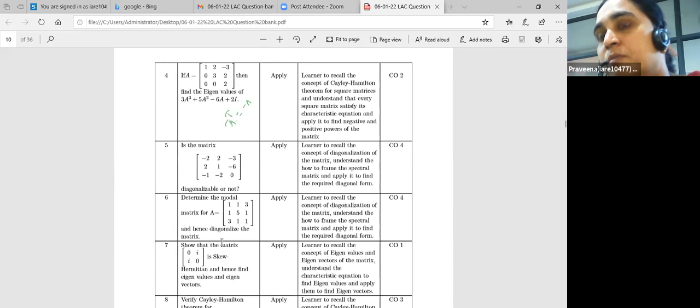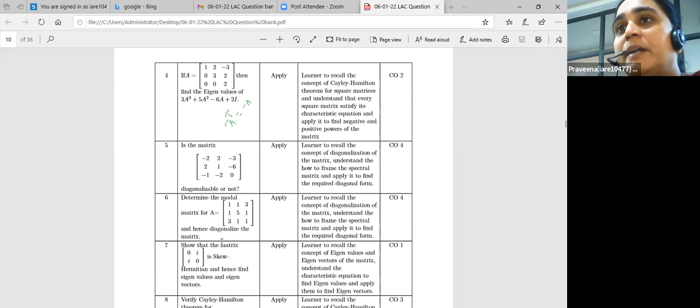When is a matrix diagonalizable? If all eigenvalues are distinct, definitely it is diagonalizable. But here the question is whether the matrix is diagonalizable or not. For example, if the eigenvalues are repeated, find the eigenvectors for the repeated value first. If we don't get 2 eigenvectors, then it is not diagonalizable. Then no need to find the eigenvector for the distinct eigenvalue. Okay? That's the fifth question.